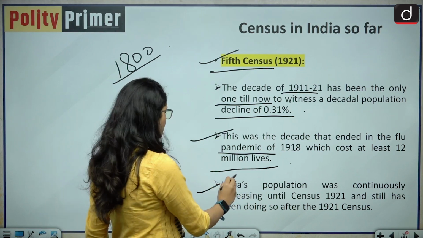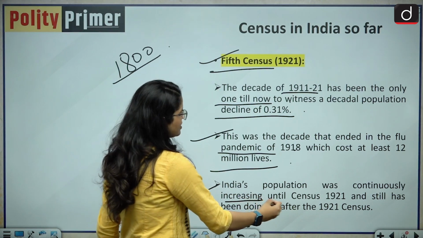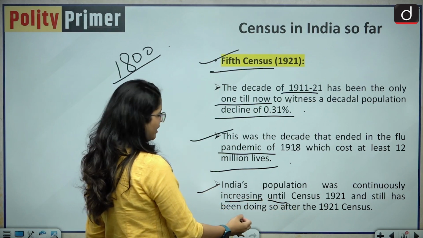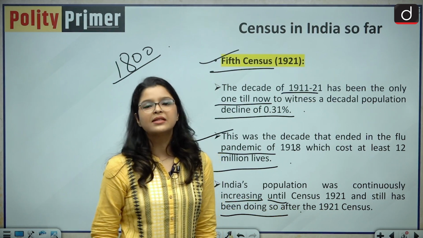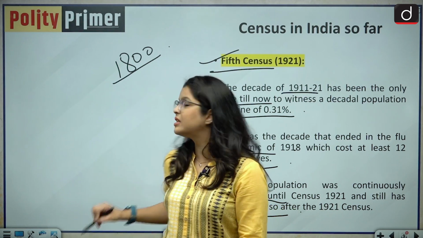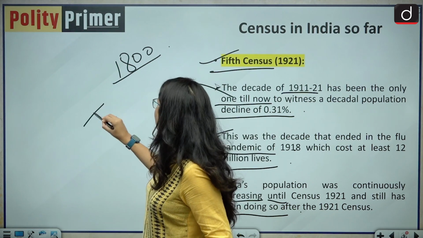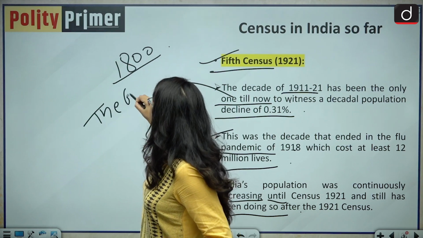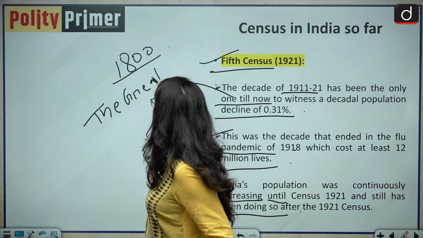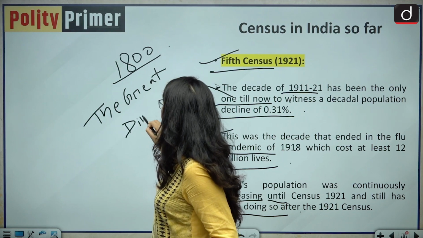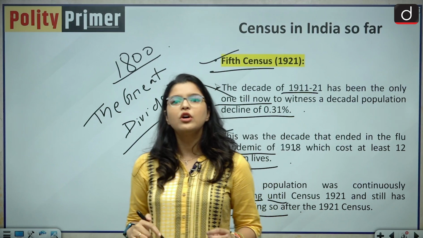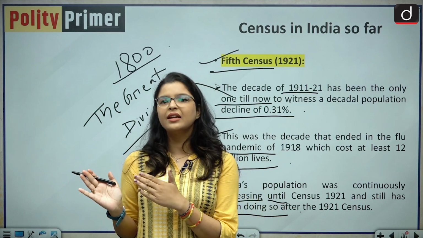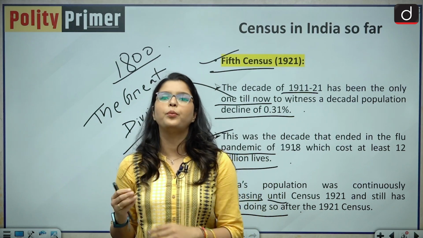India's population was continuously increasing until census 1921 and still has been doing so after the 1921 census. So this census is famously known as the Great Divide. Because why? During these 10 years, we saw a decline in our population.